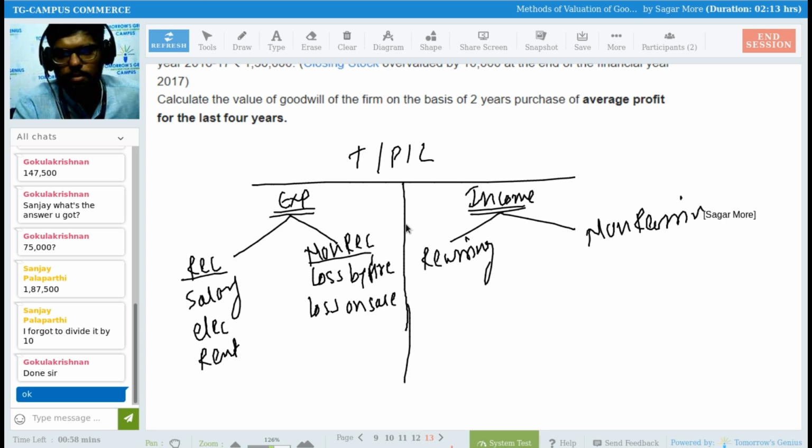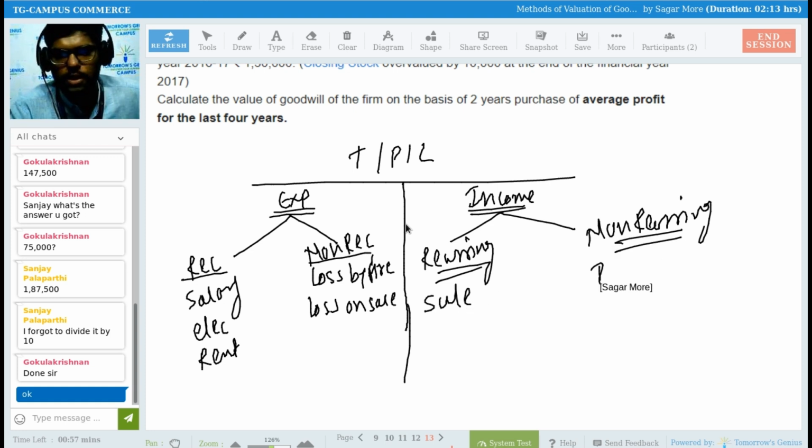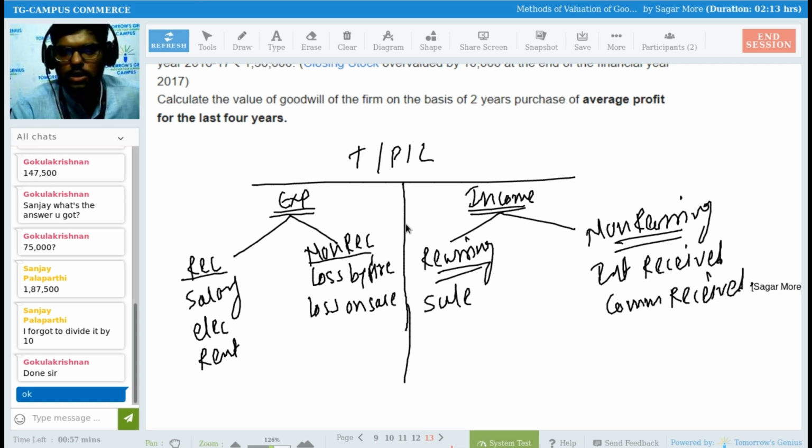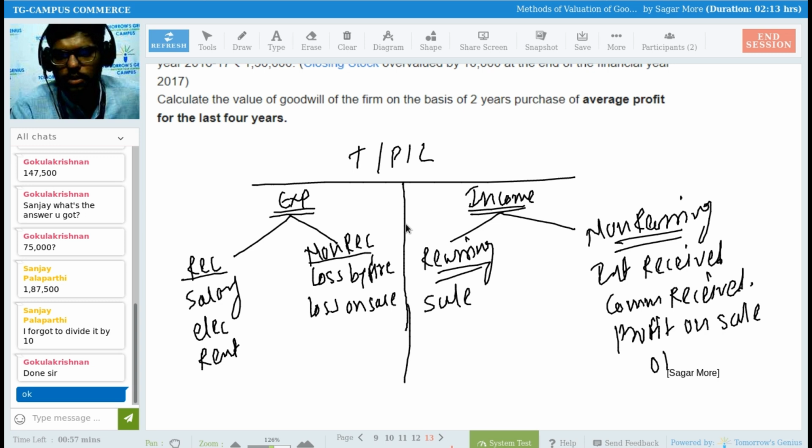Sale is always recurring. Non-recurring is interest received, commission received, which you record on the credit side, and profit on sale of asset. All these incomes you recorded on the credit side, right?